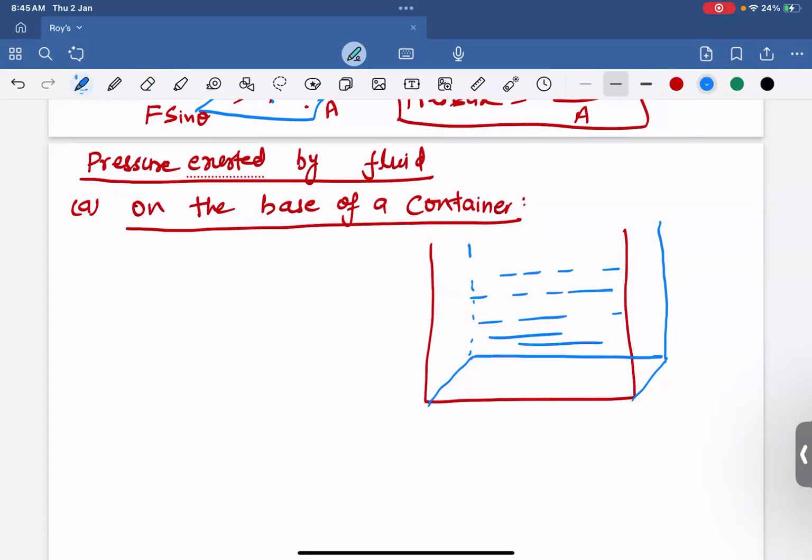Let's suppose this is the liquid that we have kept, the height of the liquid is h, and it is applying some pressure on the base here.